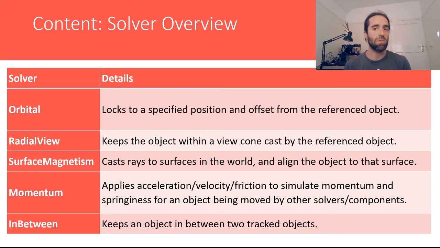Surface magnetism works directly with the spatial mapping mesh. If you wish to pin objects to that mesh or to the floor, etc., then you can do that. Momentum is an interesting solver because it takes into account the current speed of the object, and an in-between solver keeps an object in between two others.